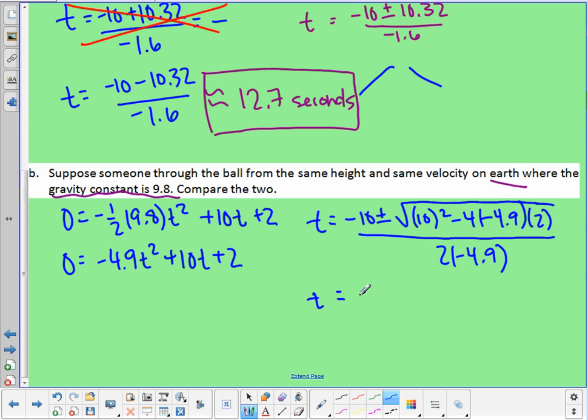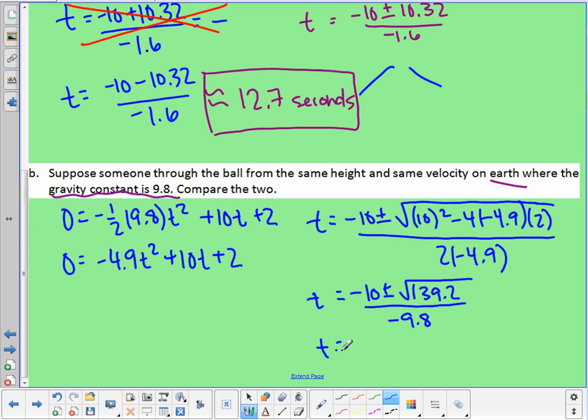Simplifying that, if I put all that stuff in under the radical together, I end up with 139.2 underneath my radical sign, and -9.8 on the bottom. And then when I take the square root of 139.2, I get about 11.7.